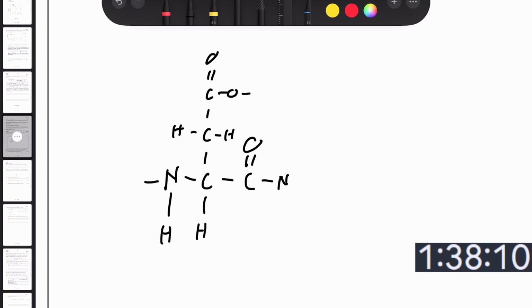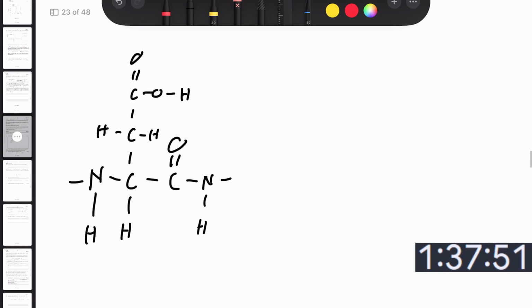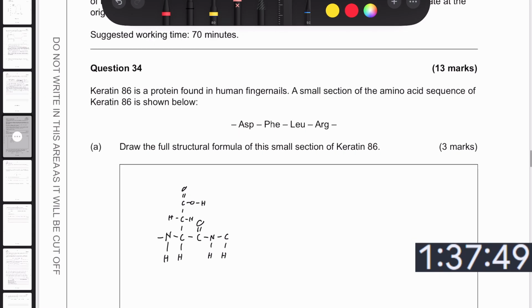Wait, no. Okay, let me think about this. The carboxylic acid is bigger between a carboxylic acid and an alcohol or an amine. So the carboxylic acid loses the whole OH. Like that. So then N. And then I have another C and I have another H.